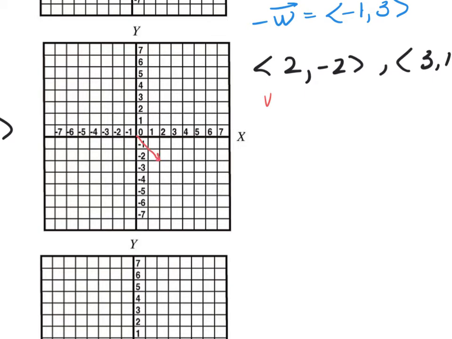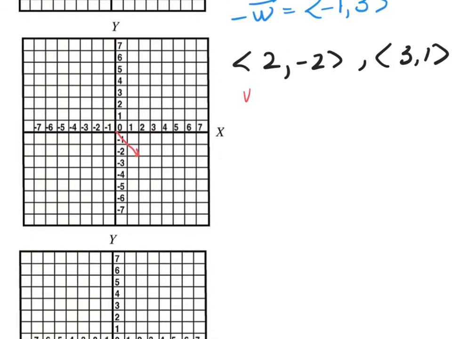And then from there, tip to tail, I'm going to do my positive 3. So I'm going to go right 3. So 1, 2, 3. And then I'm going to go up 1. So tip to tail, that's where that one is. My resulting vector, just by my graph, we're going to call it u. As you can see, it is 5, negative 1.